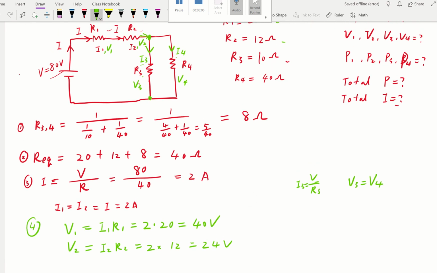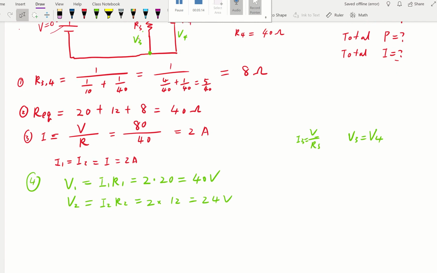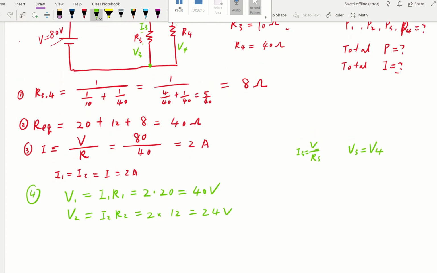Now, remember, when we are looking at things in series, if I were trying to simplify this circuit, I would have the first resistor R1. They also have resistor R2. And now I'm going to simplify this parallel part, that's going to be our R3 and R4.